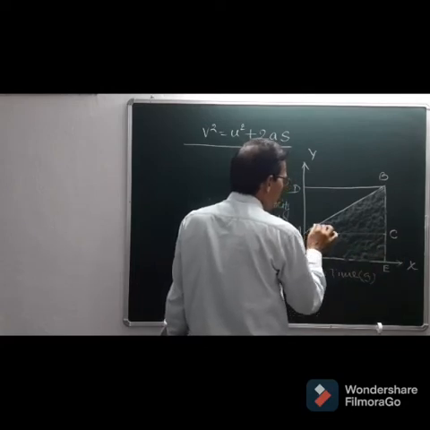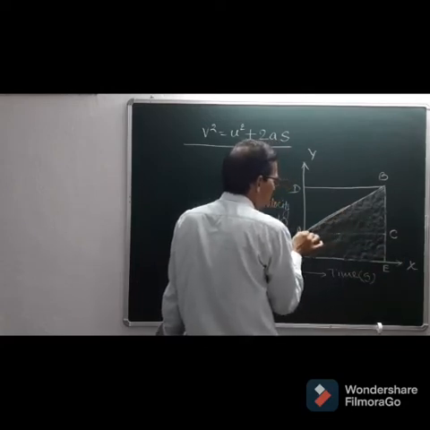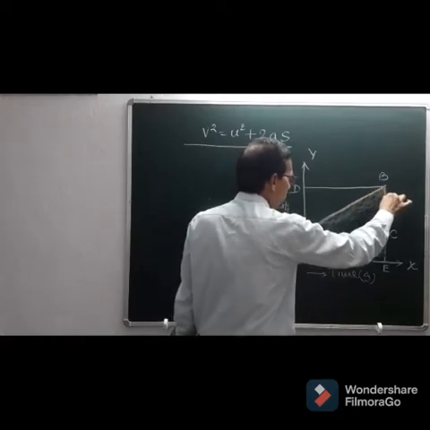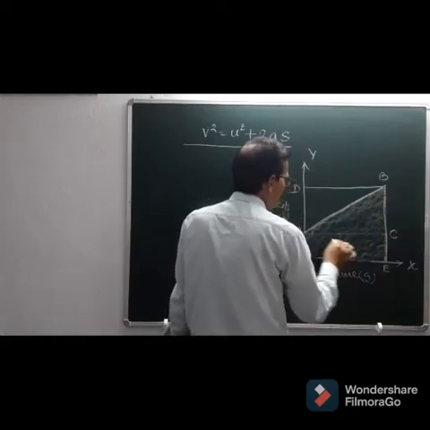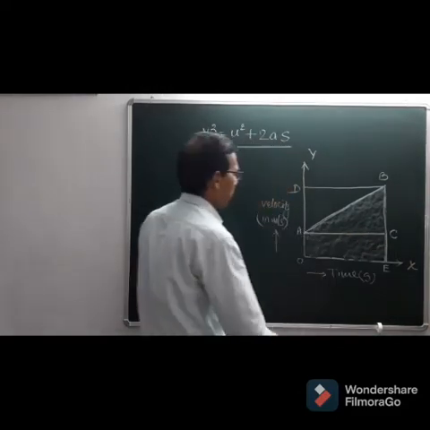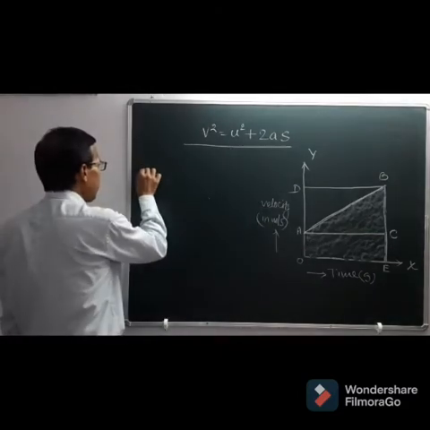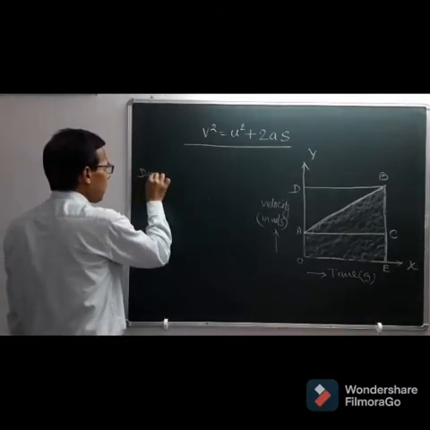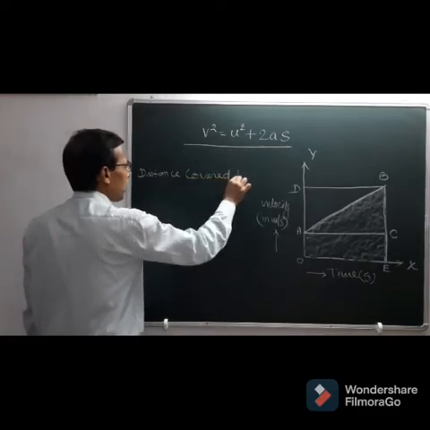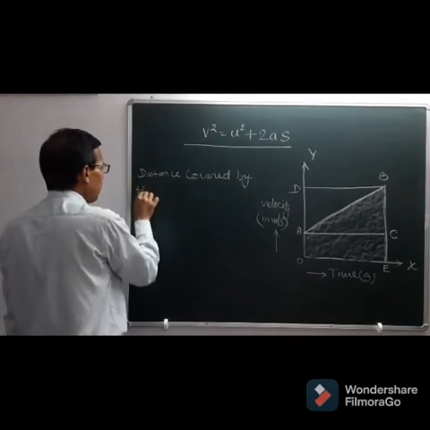The area under this straight line AB gives the value of displacement or distance covered by the body.